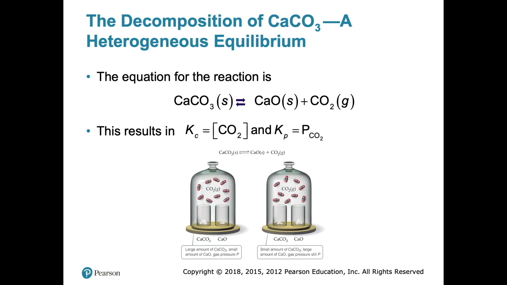So the point of this is that no matter how much calcium carbonate or calcium oxide you have, the pressure of the heterogeneous equilibrium gas will always stay the same. Does that make sense? You could have a little tiny bit of calcium carbonate and a whole bunch of calcium oxide, and it will still be, let's say, 9.